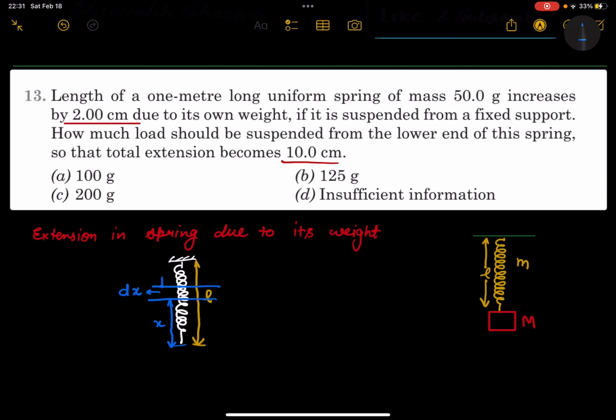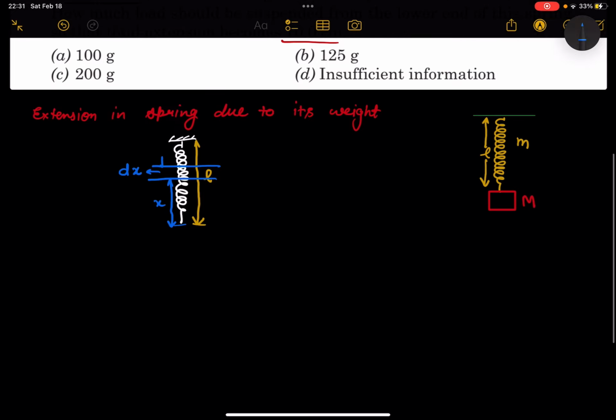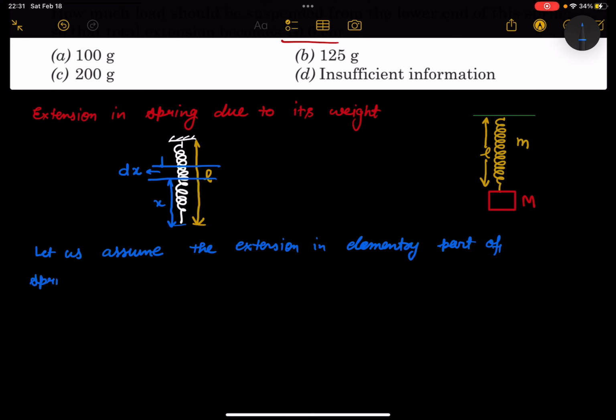Let us assume the extension in the elementary part of the spring is delta x.